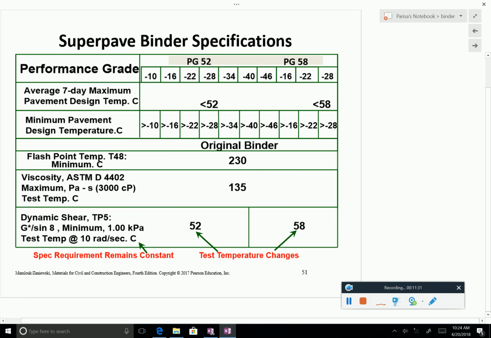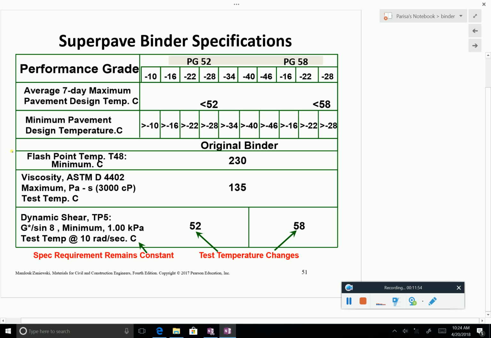This is what I explained to you. And if you want to see how a Superpave binder specification form looks, it looks like that. On the top, you see the performance grading, 7-day maximum temperature, then minimum pavement temperature. But there are some other properties.